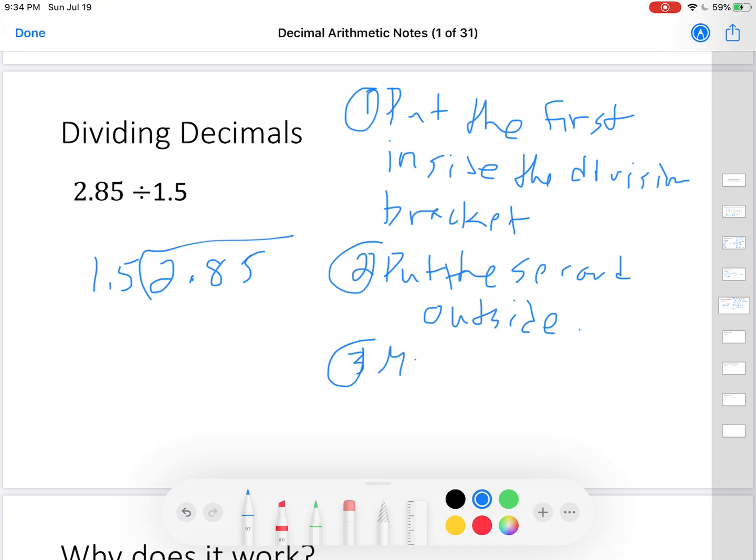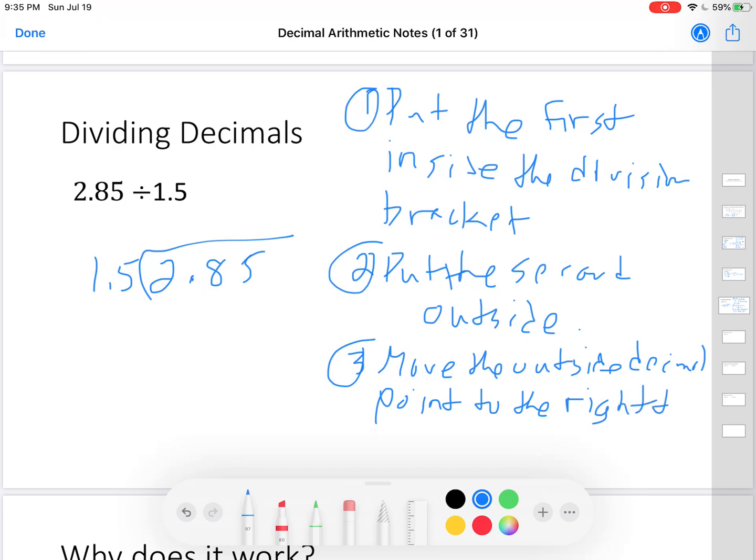Step 3. Move the outside decimal point to the right to make an integer and mirror it on the inside.